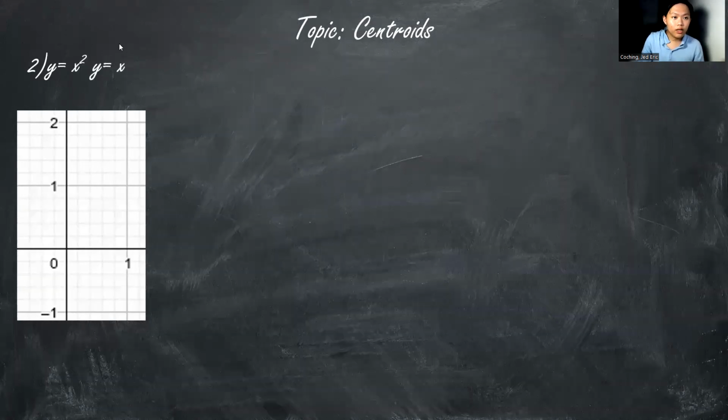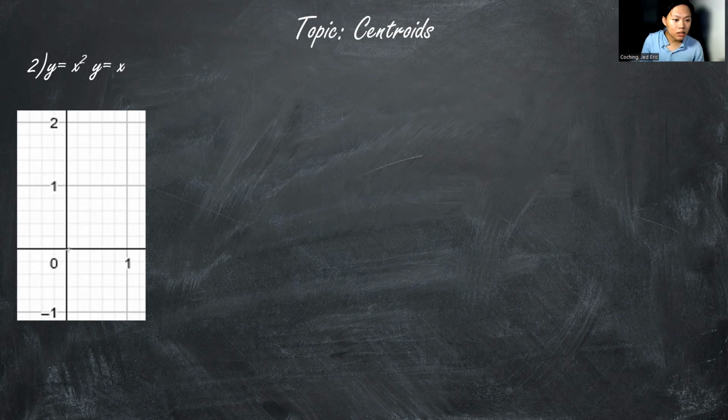Let's first graph this. y is equal to x, that's just going to become a straight line. And y is equal to x squared.